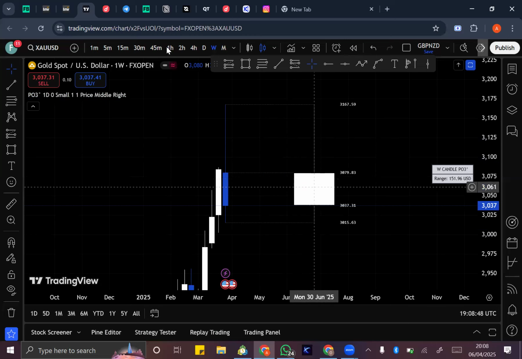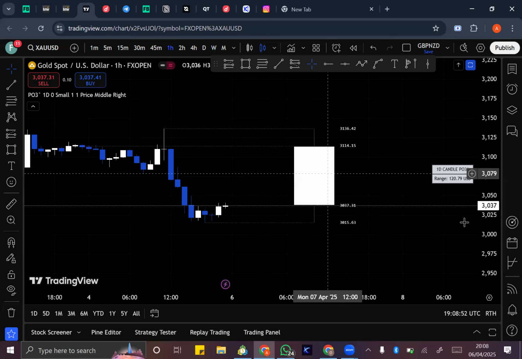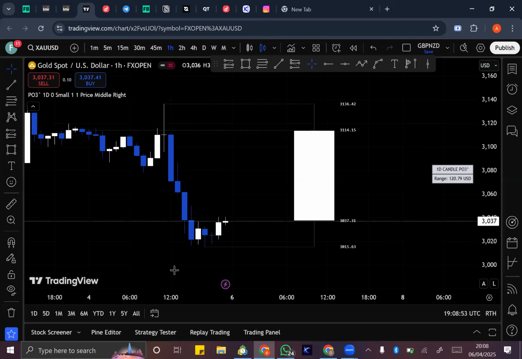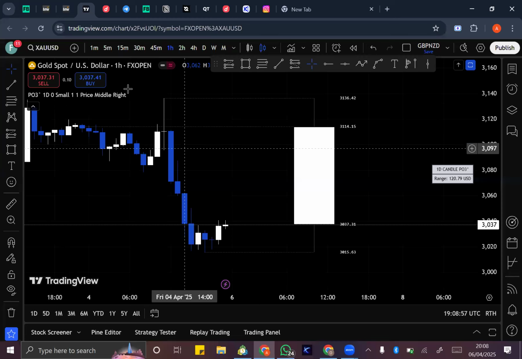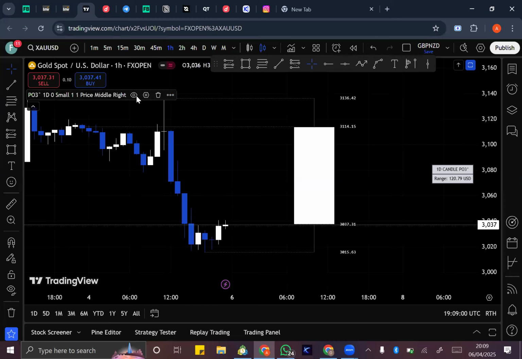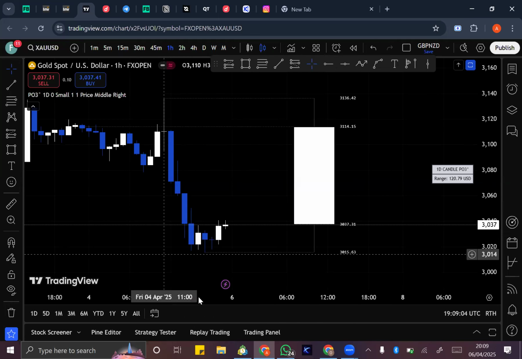So let's go over to 1 hour. You are going to see where a 1 hour candlestick starts in a daily candlestick. Give me a few minutes. Okay, we are still in a daily candlestick.